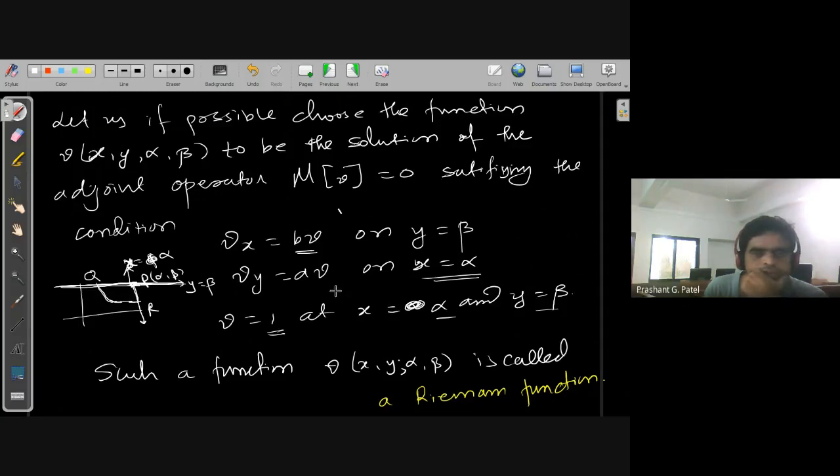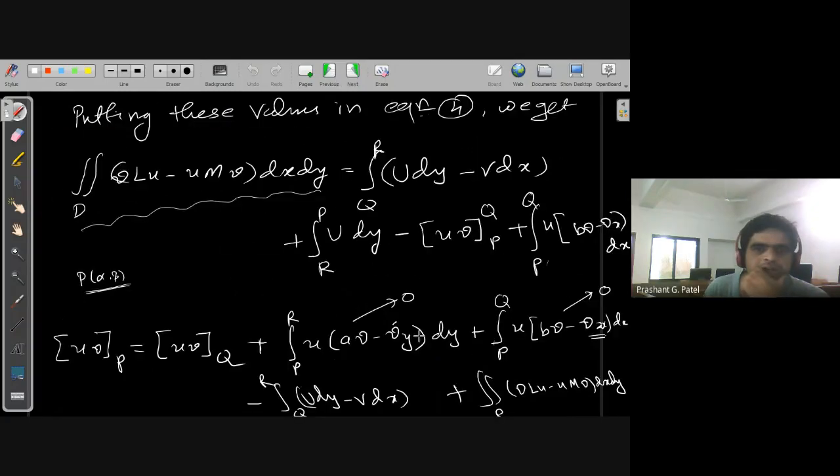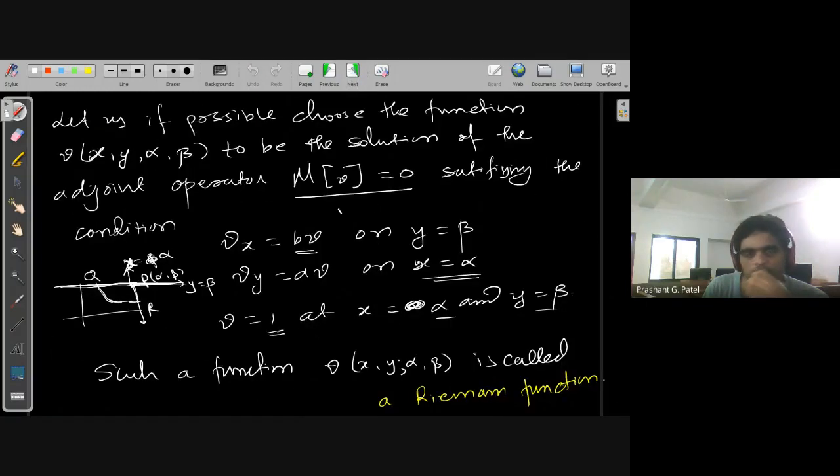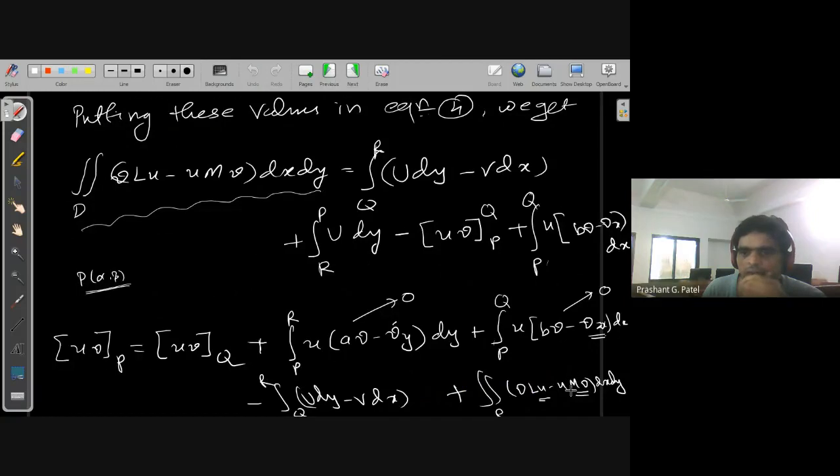And so what we get? In this integration, only this term is 0, this term is 0, these two terms will be left. Here the value of Lu, we already have MV is 0. Since MV is 0, this quantity will become 0.